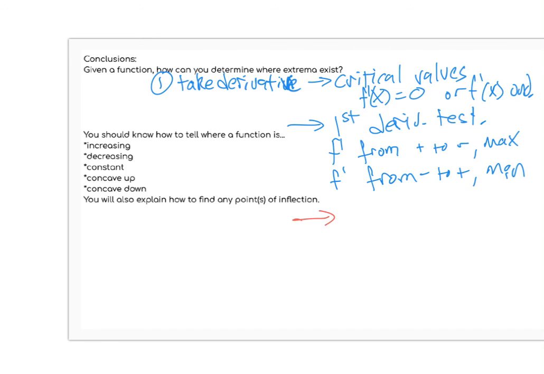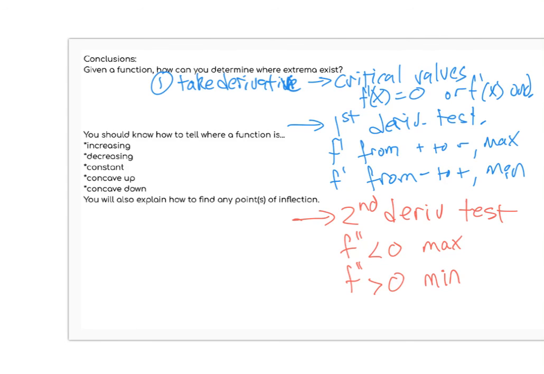The other option we have is the second derivative test. That starts from the same beginning point where f prime is equal to 0. If f double prime is less than 0, our graph is concave down. It's a maximum. And if f double prime is greater than 0, our graph is concave up. It's a minimum.